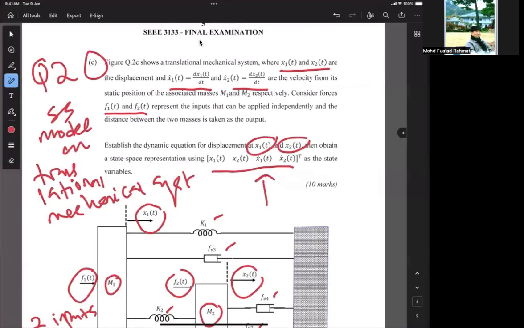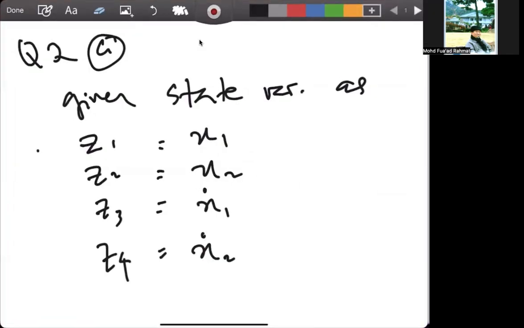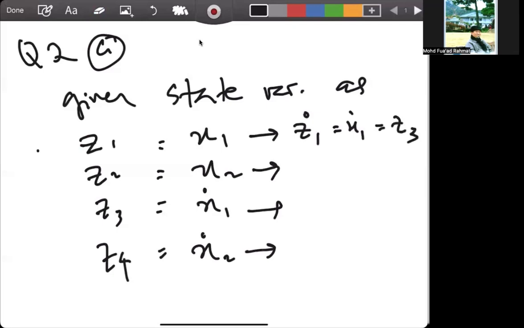Then we find the derivative state variables, where Z1 dot is equal to X1 dot, which is Z3. Z2 dot is equal to X2 dot, equal to Z4.